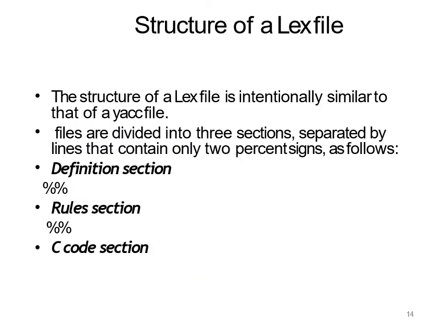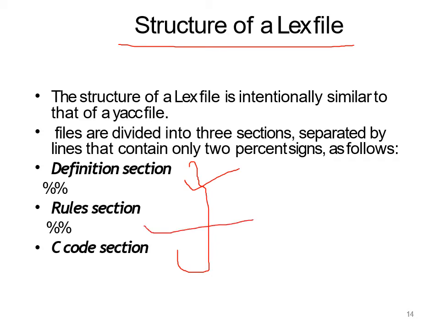Now, if I talk about the lex file, what kind of structure may a lex file have? We have three sections. First is the definition section, where we define a number of header files and so on. Then we have the rule section. What is meant by the rule section?